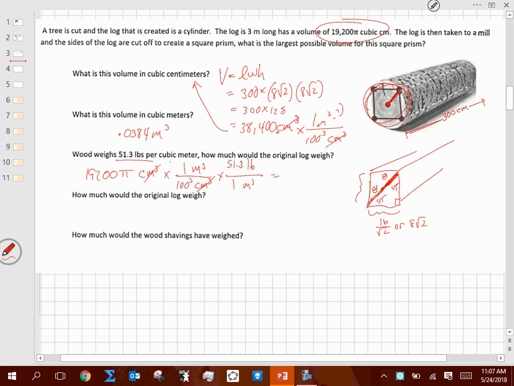Multiplying that stuff out, 19200 pi times 1 times 51.3 up top gives me 3,094,343.1. On the bottom, I get 1,000,000, which is 10 to the 6, or if I want to write it as 100 to the 3rd, that's fine as well.